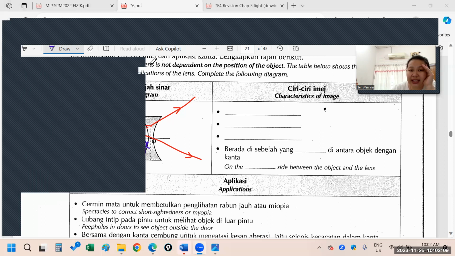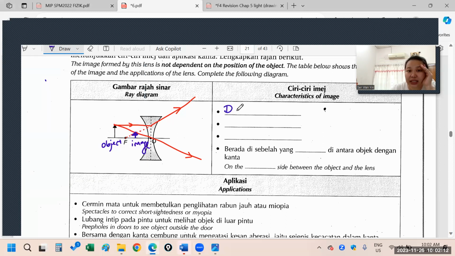Thank you, Grace. Diminished. Okay, so it's upright. And somehow it's in front of the lens, so it's on the same side.